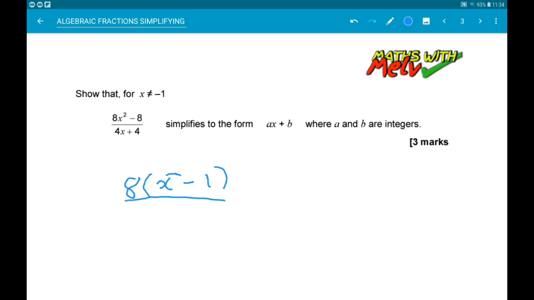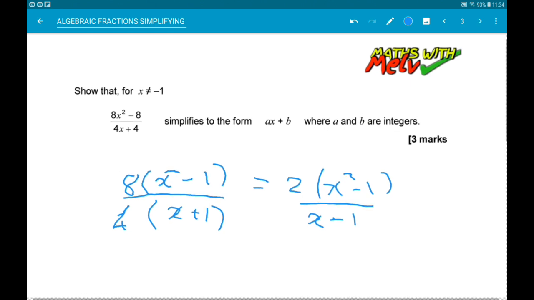In the bottom we can write as 4 lots of x add 1. Now in there we can cancel out the 4 with the 8, so it's going to give us 2 lots of x squared minus 1 over x add 1.